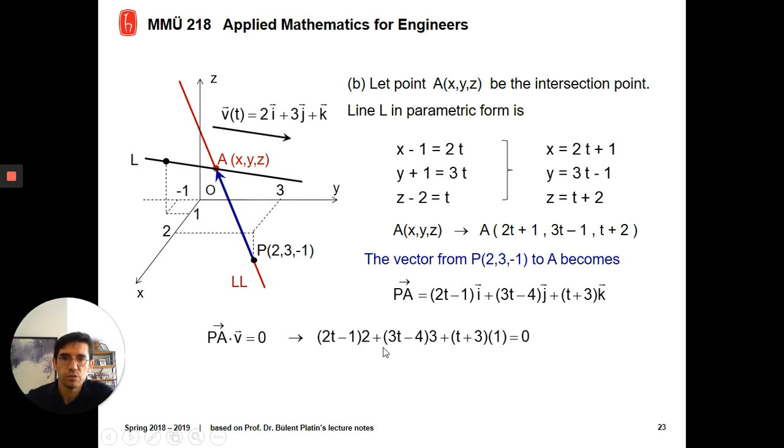So like 2 times 2t minus 1, 3 times 3t minus 4, 1 times t plus 3, and then equate those to 0. I will come up with an actual t value. That's the distance between this point and that point, probably.